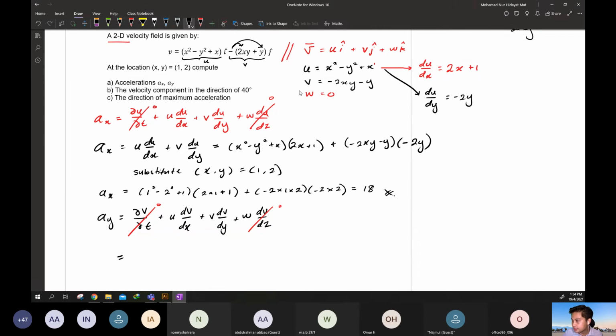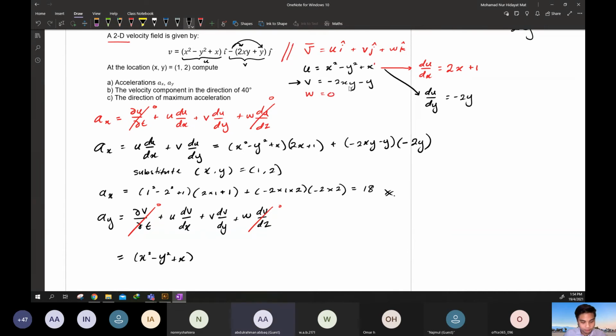Okay, u, this is u, right? Just substitute here: x squared minus y squared plus x. And this is dv over dx, this term. So try to differentiate in terms of x. What do you get? Minus 2y.